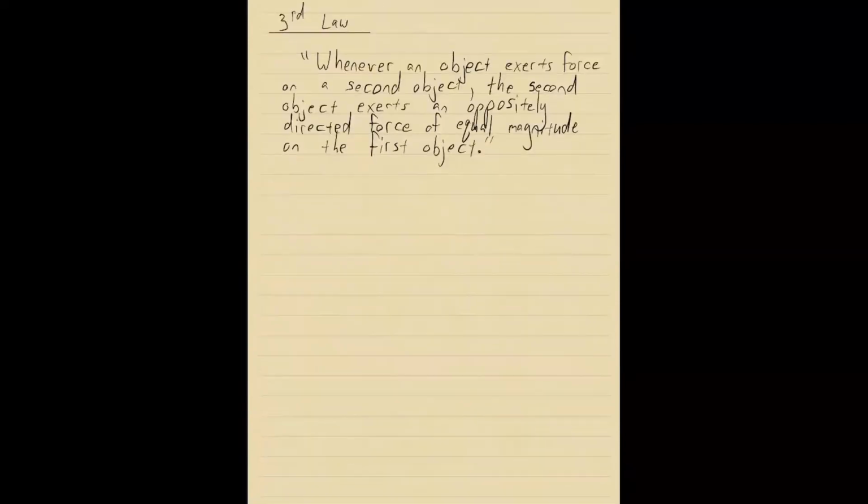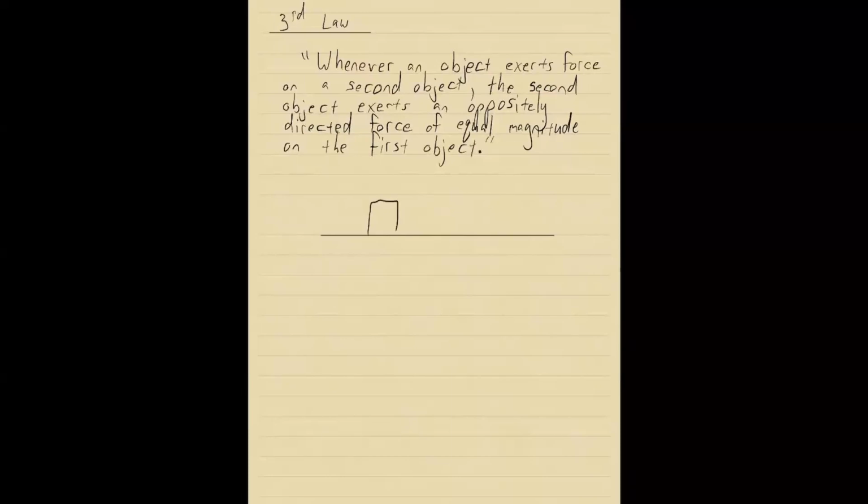All right, so as a mini example, if you get the ground, you get a box, there's you pulling on the box. So if you're pulling on the box, you're exerting a force on the box like this. You're pulling on the rope, the rope pulls on the box, therefore the box is being pulled like that. Turns out that the rope, as you're pulling on it, exerts an equal and opposite force in the other direction.